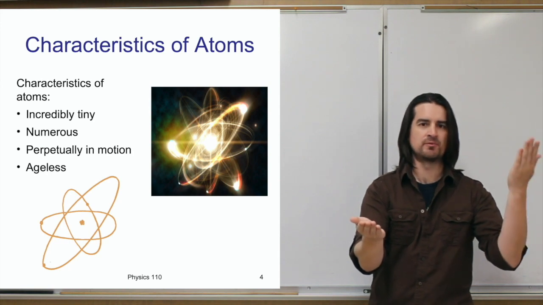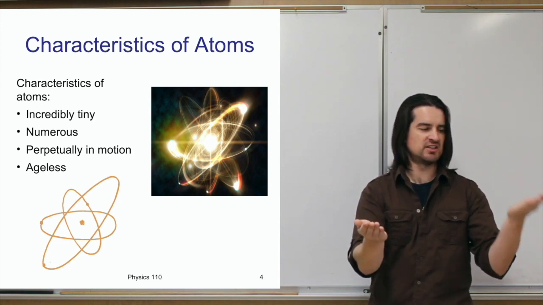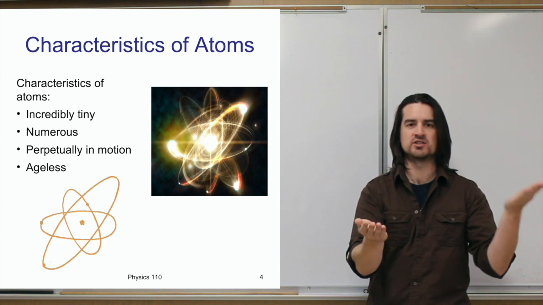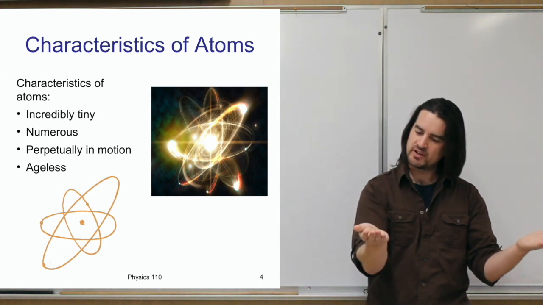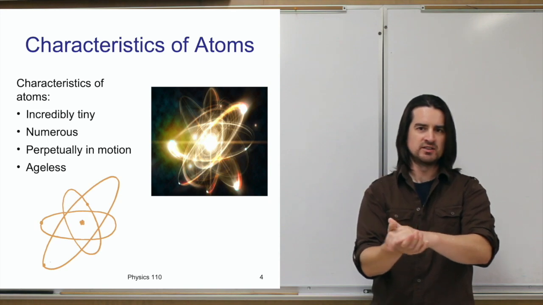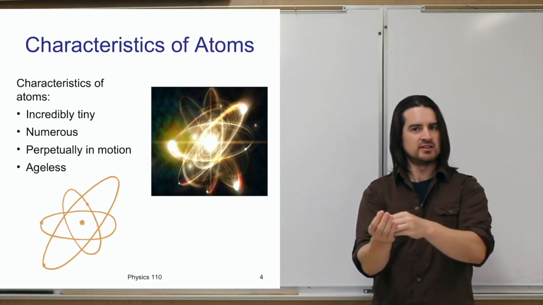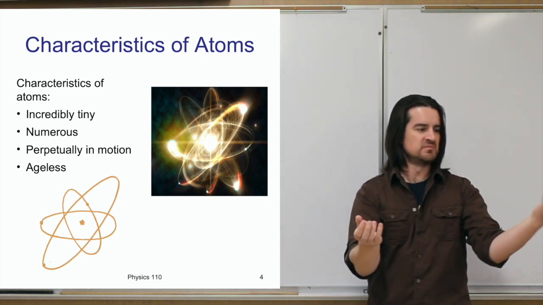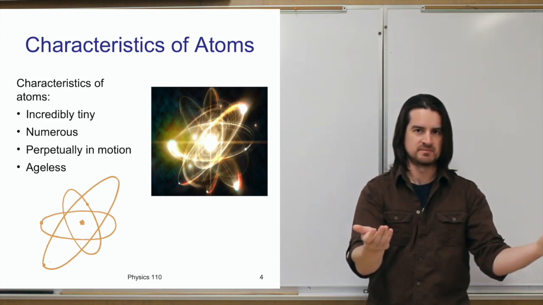It's still made up of the same exact parts, and there's no sense that those parts will age in any way. As long as there's no nuclear activity to break it apart, it's that same gold atom that much time later, as if no time has passed for the atom.